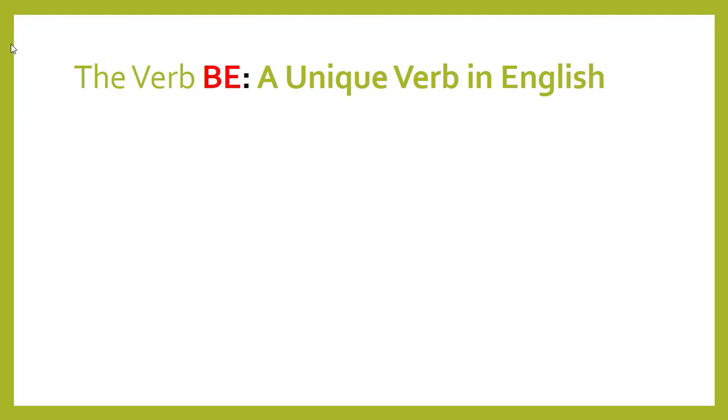The verb be is a unique verb in English. How? Actually, the verb be has 8 forms. Its base forms are 4 in number: be, is, am, are.